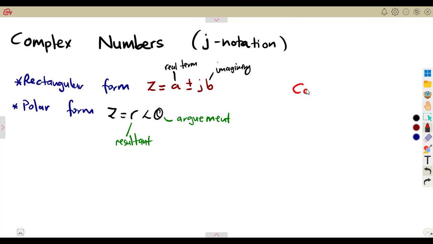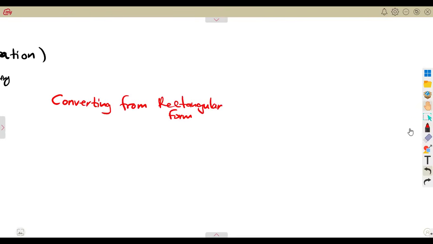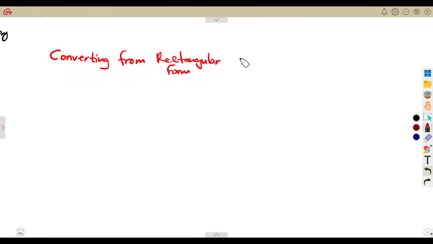So we are going to be converting from rectangular form to polar form. Let's start from rectangular form to polar form.